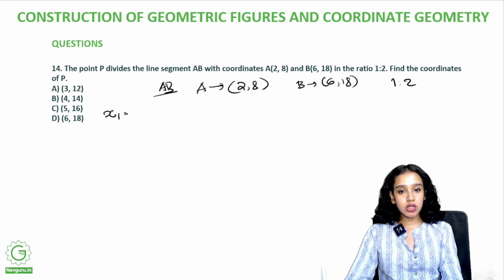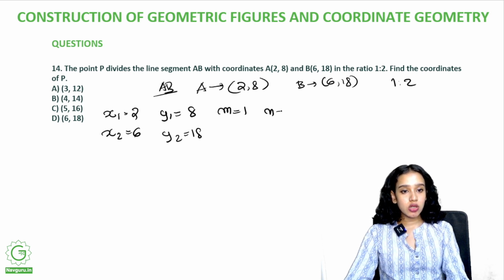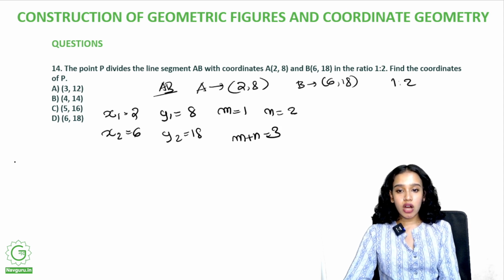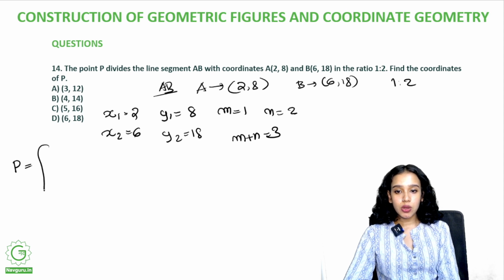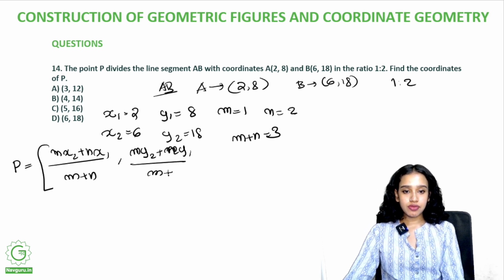We have x1 is equal to 2, x2 is equal to 6, y1 is equal to 8, y2 is equal to 18. We have m is equal to 1, n is equal to 2, m plus n is equal to 3. So how do we get the point P? We have (mx2 plus nx1) by (m plus n) and (my2 plus ny1) by (m plus n).